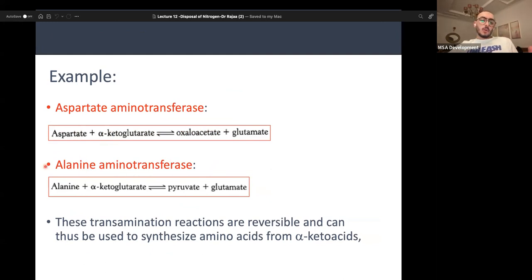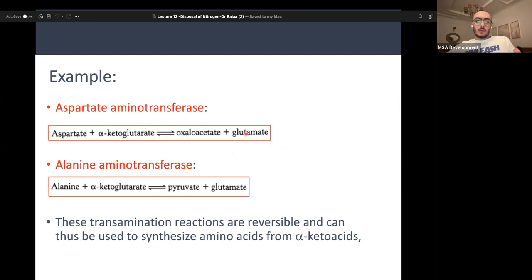Again, most of the aminotransferase reactions are held in the direction of glutamate, which is this direction, except aspartate, which by default is directed toward forming aspartate from glutamate. So we have glutamate, we have oxaloacetate, we have AST, which is aspartate aminotransferase.